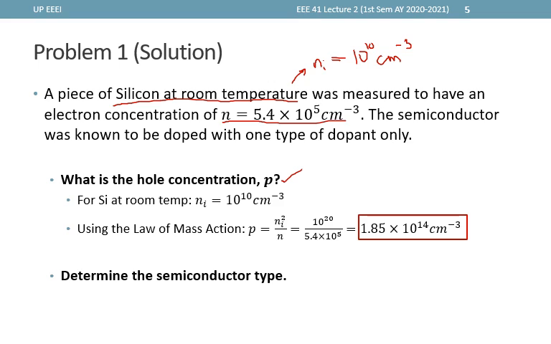So for this case, we have more holes. p has a multiplier of times 10 raised to 14, whereas the electron concentration n is just on the range of 10 to the 5. And therefore, since p is greater than n, we must conclude that the material must be p-type. We have now already answered the second question.